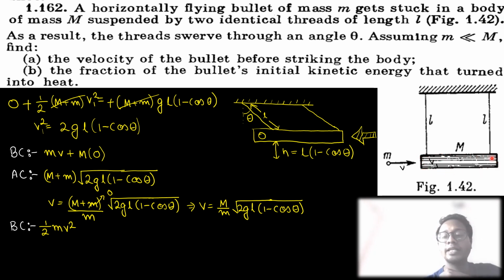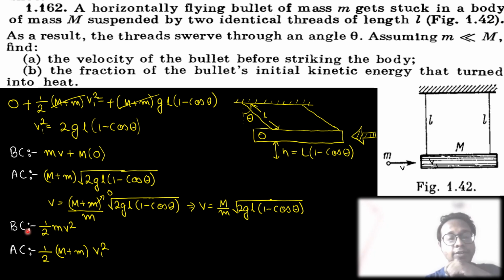No. So the kinetic energy of the plank before collision was 0. After collision, what is the kinetic energy of the entire system? Half (M plus m) into v1 square. The entire system moves with the same velocity, no? Understood?